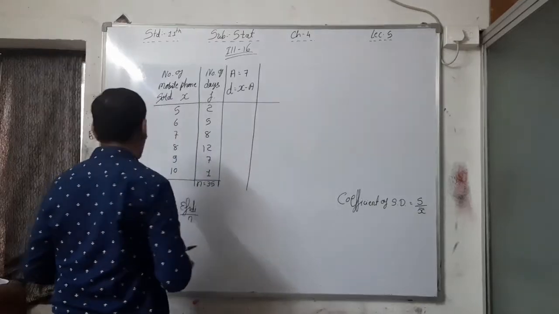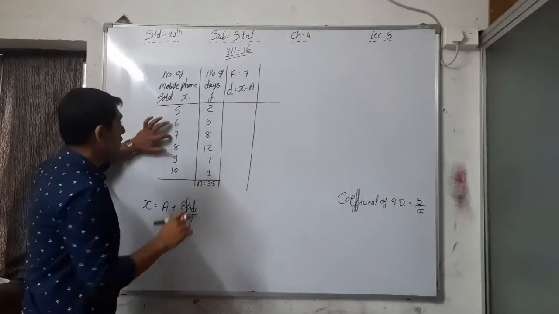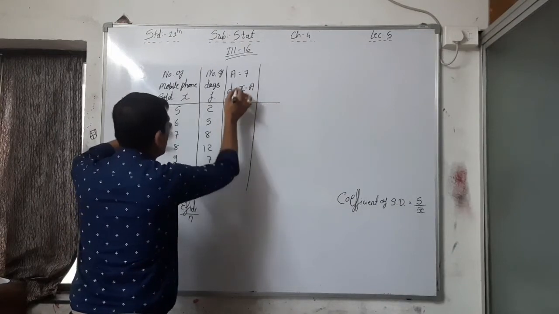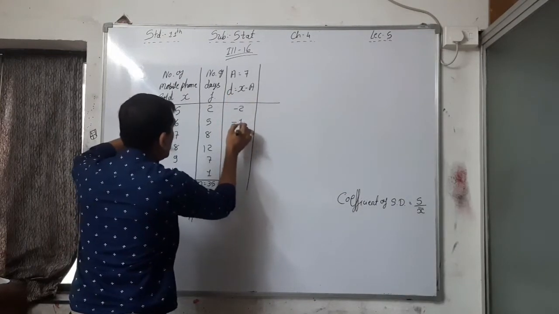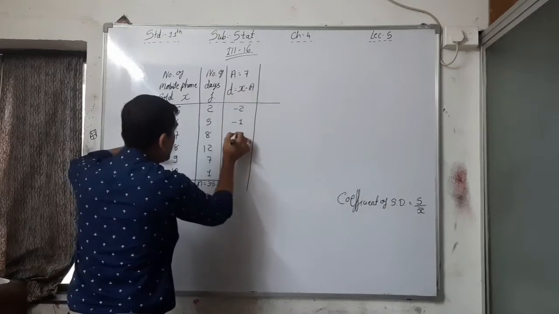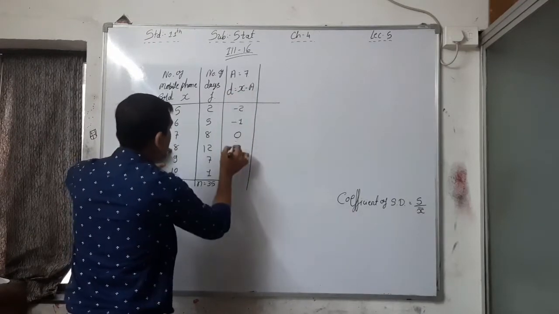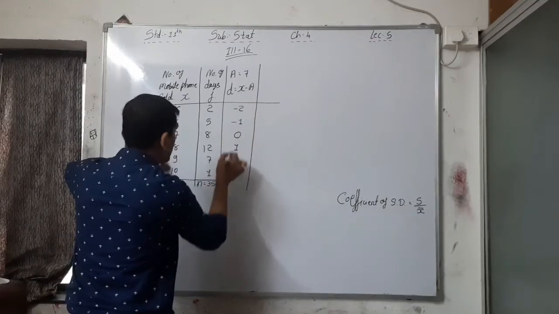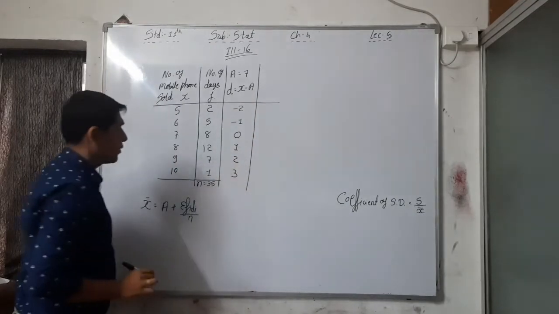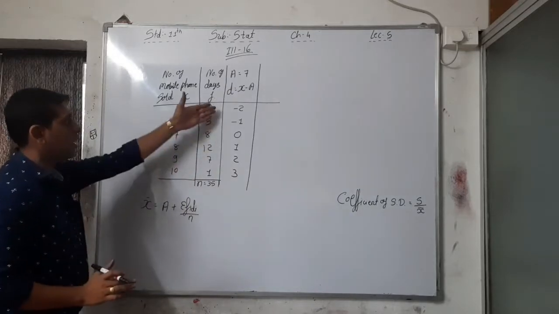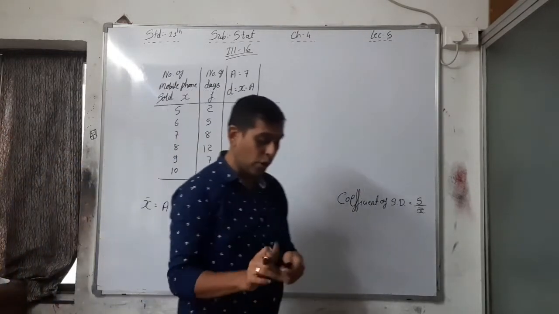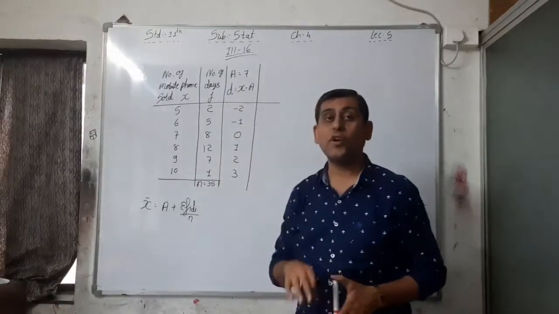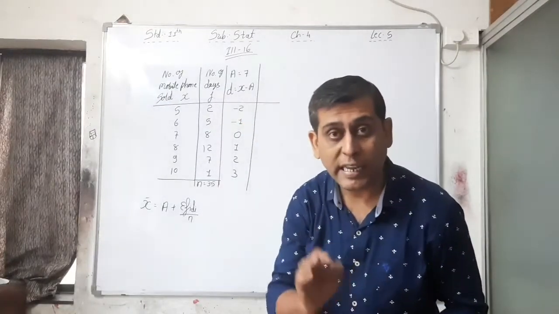Okay, so here what is your answer? See, 5 minus 7, that is minus 2, 6 minus 7, that is minus 1, 7 minus 7, that is 0, 8 minus 7, 1, 9 minus 7, 2, and 10 minus 7, 3. Okay, so this is your D. See how we find out D? By first of all taking assume mean. How are we taking assume mean?